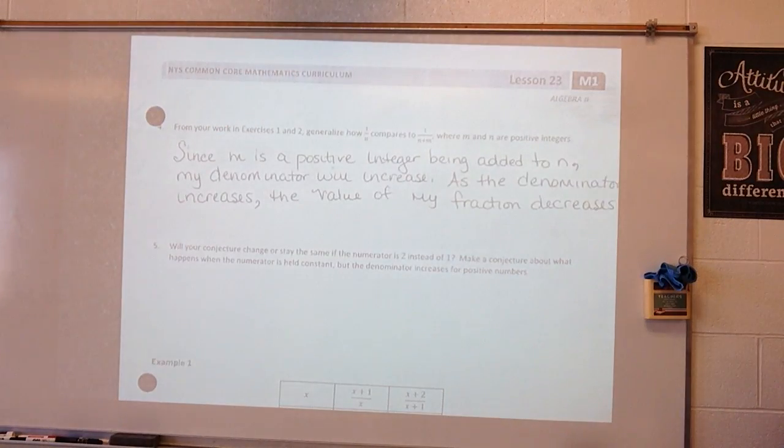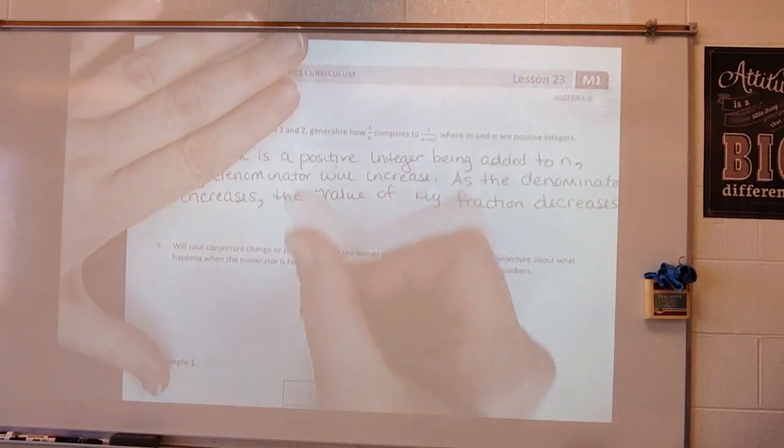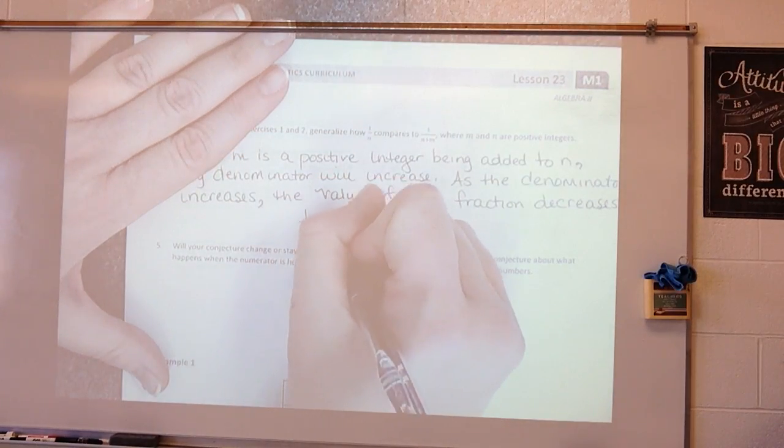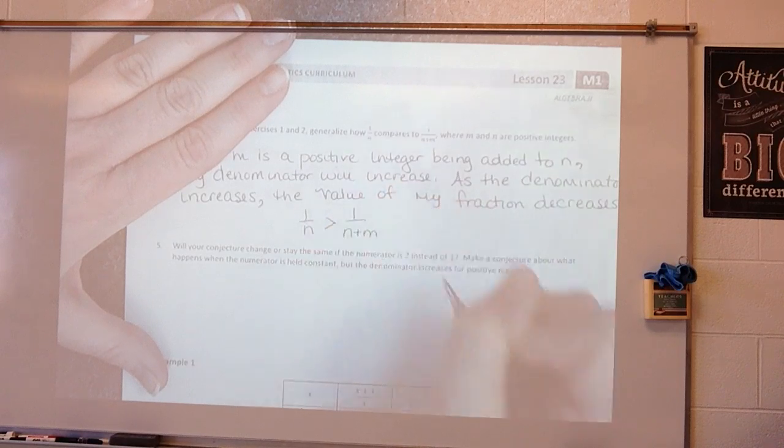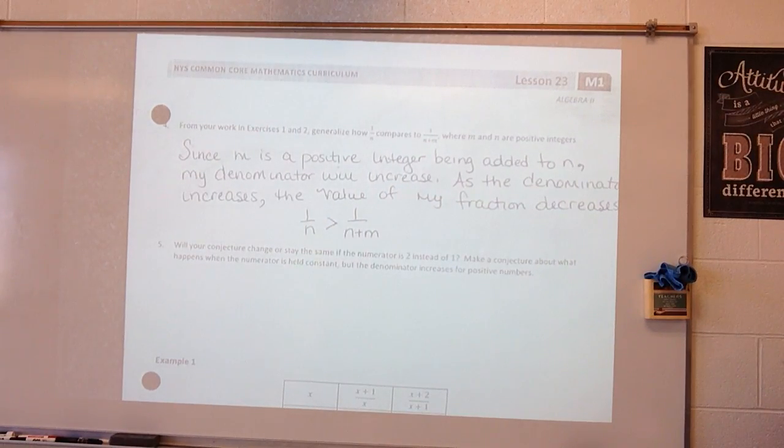Okay, the value of my fraction decreases. Alright, so that tells me that 1 over n is going to be greater than 1 over n plus m.